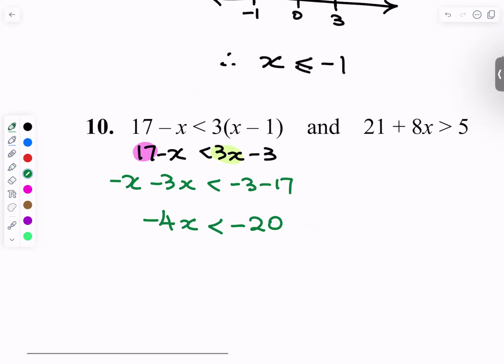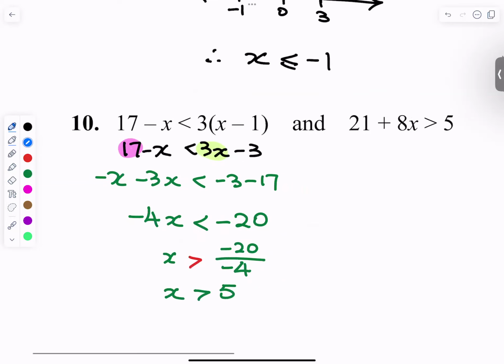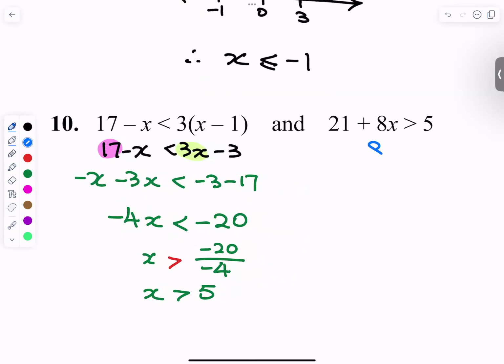And then when I move the -4 to the other side, do I change the sign? Yes, because a negative number is being divided. Until now, you're just getting very pretty answers, actually.